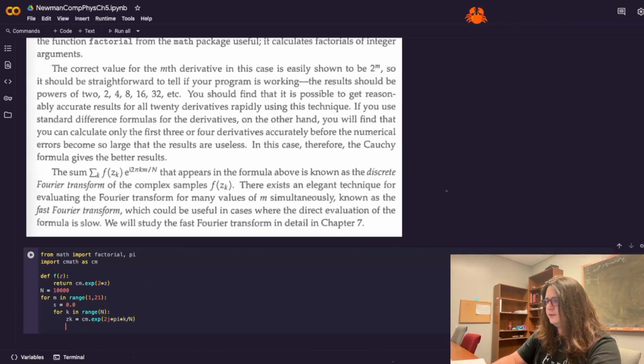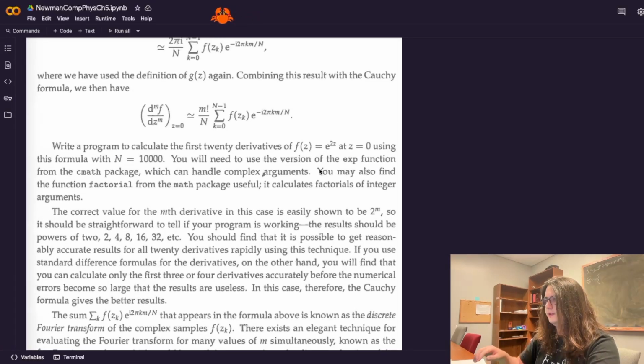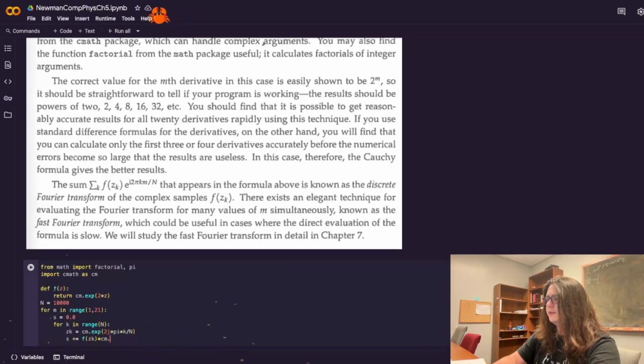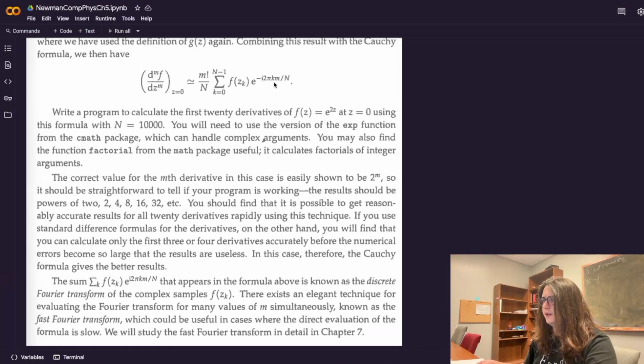And then you add onto the sum f of zk times another exponent, cmath.exp of minus 2j times pi times k times m over n, I think. Yeah, this one involves an m in there as well.